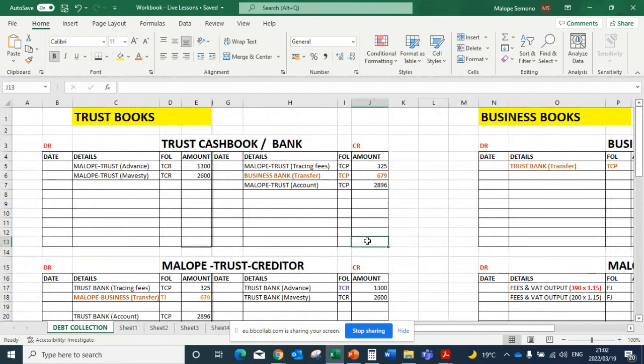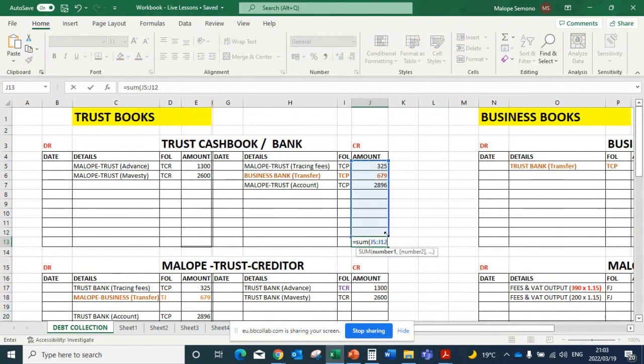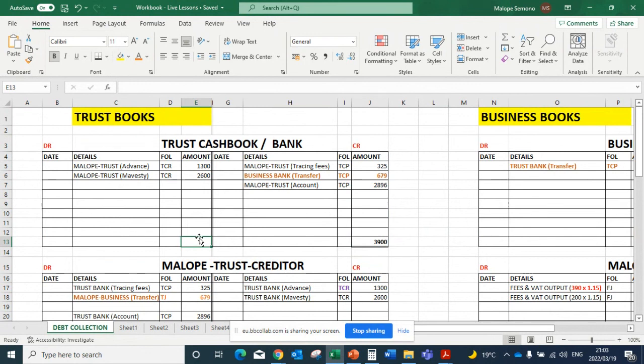Let's see, this side is the sum. I'm just balancing it. Total here is 3,900 and equals sum. Total here. And now it balances here because all the money that was remaining has been given to what?